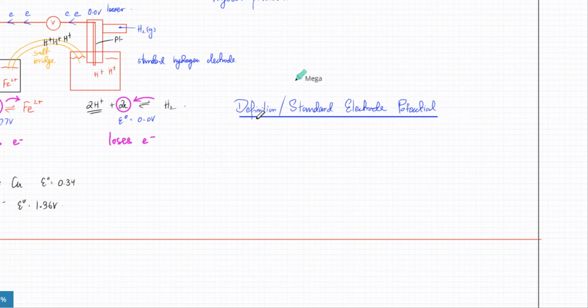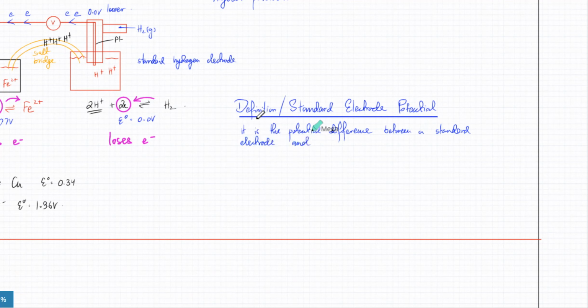It is the potential difference that is measured between a standard electrode and a standard hydrogen electrode.